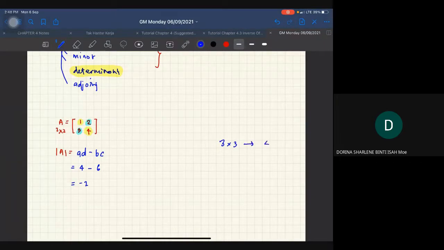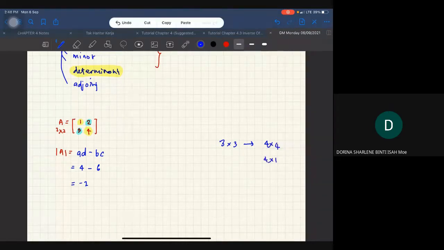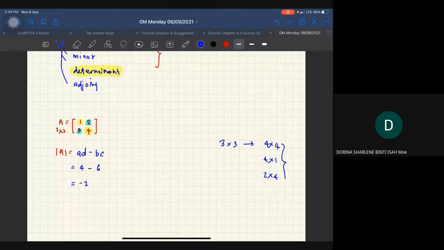So contohnya 4 kali 4 or let's say 4 kali 1, 2 kali 4, yang ni tak akan termasuk dalam syllabus awak. Okay, so maksudnya untuk determinant pun samalah. So kita cuma akan belajar sampai macam mana nak cari determinant 3 by 3 sahaja. Lebih daripada itu kita tak belajar lah. Saya pun tak sure macam mana nak cari dia, sebab saya tak pernah belajar. Okay.